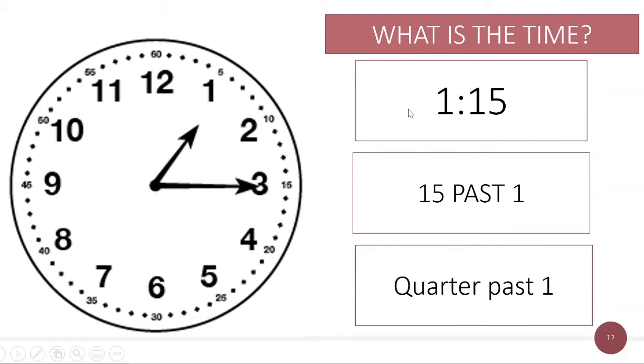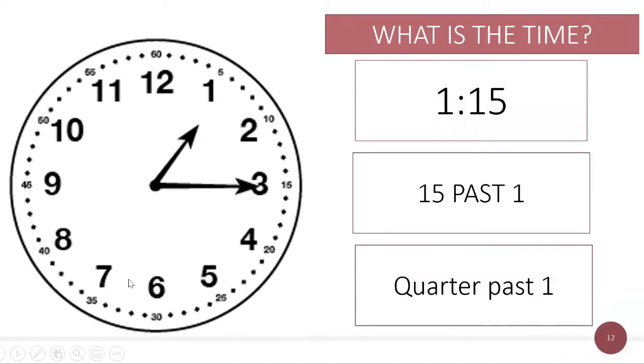So we said that you can tell that the time is 1:15, but you can also tell time by starting with the minutes. You can identify the minutes first, and you can say that it is 15 minutes past 1. Or you can also say that it is a quarter past 1. Why a quarter?